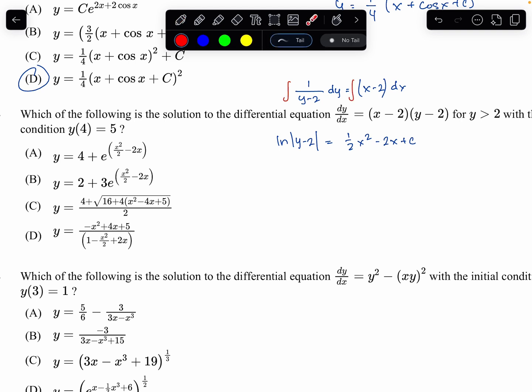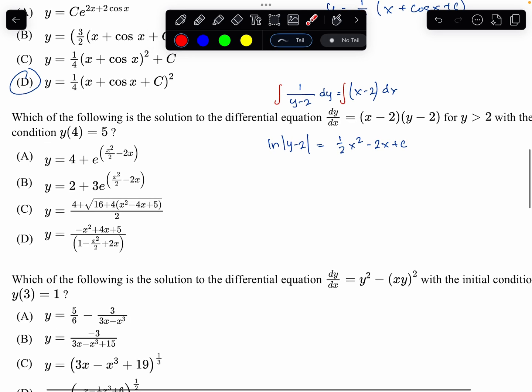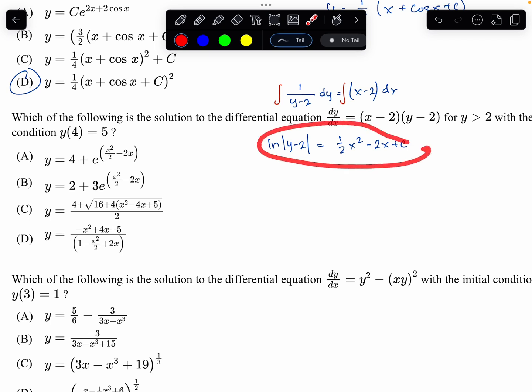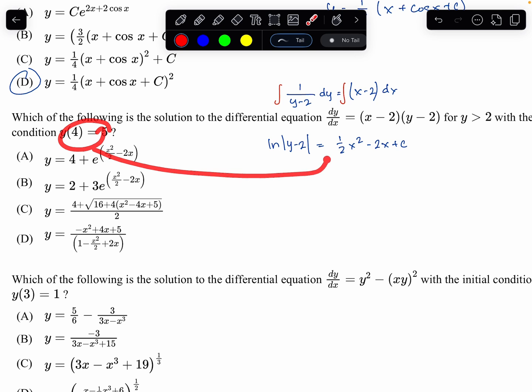Okay, all right, so now we have a couple options. What we can do is we can use our initial condition right here and plug it in and solve for c. Then I can solve for y, or I can solve for y, then plug in the initial condition. Really, this doesn't matter too much, but typically I'm a guy that likes to plug this in and then I'll solve for y later. And so I think that's what I'm going to do.